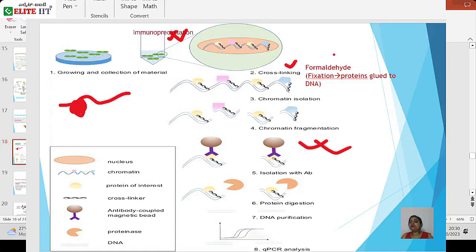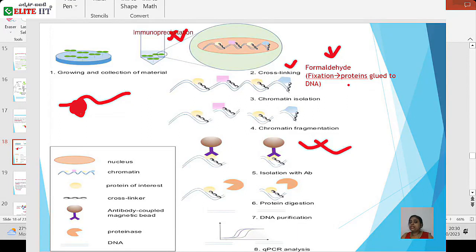Cross linking means you have to add formaldehyde. If you add formaldehyde, what will happen? It will fix protein and DNA together. What are we studying here? Protein and DNA interaction. In the previous method, the co-precipitation technique, we were studying protein-protein interaction. Here we are studying DNA-protein interaction.